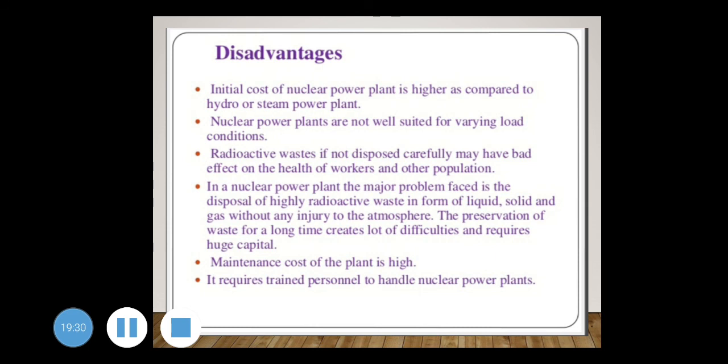The maintenance cost of the plant is high, meaning if the nuclear power plant requires maintenance, the cost is high. It requires trained persons to handle nuclear power plants. These are some advantages and disadvantages of nuclear power plants.